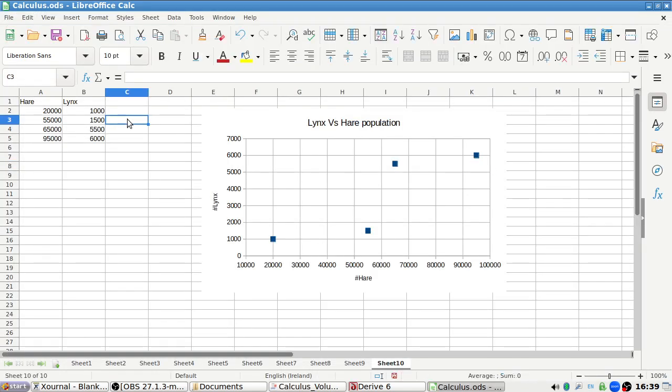What's the average here? So I'm going to say A is going to be roughly between these two, but not exactly.